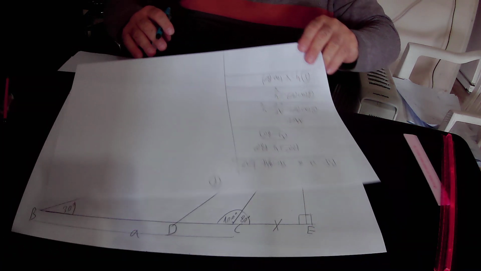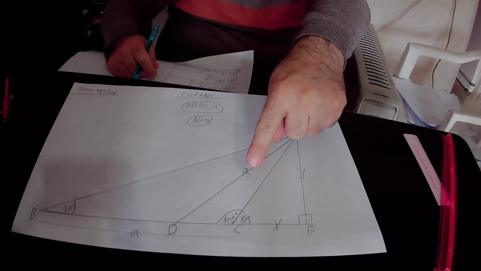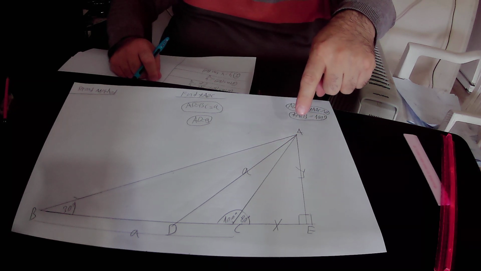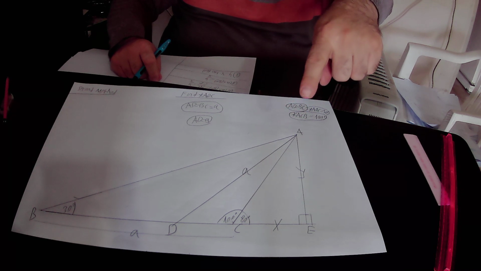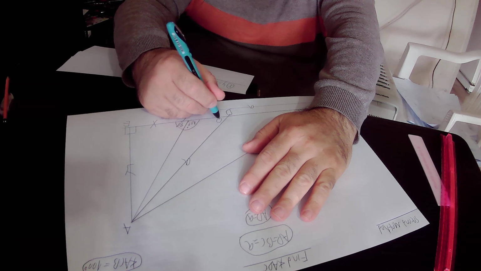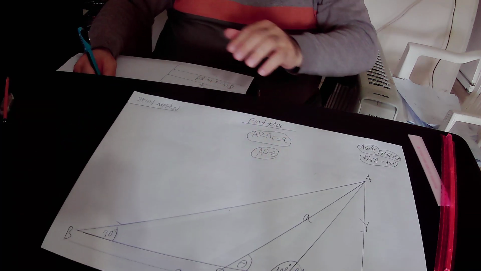In the next step, we will focus on the right triangle ADE, and we will define angle ADE, the angle that we are looking for, as angle theta.